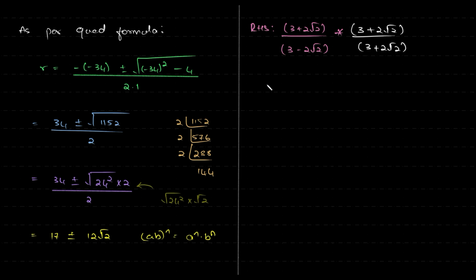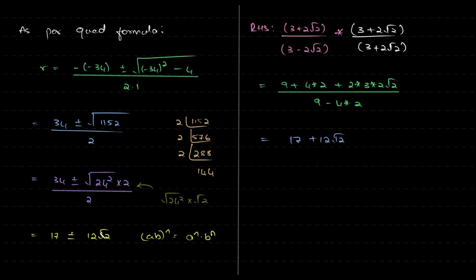So what will we end up with? We have a plus b the whole square, so a square plus b square plus 2 into a into b in the numerator, while in the denominator we have 9 minus 4 into 2. So this would be 8 and 1 basically. So this is a simple final expression. So we have 8 plus 17 plus 12 root 2, and we have the same answer, right?